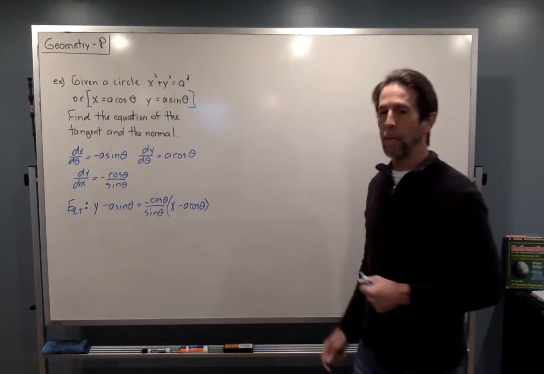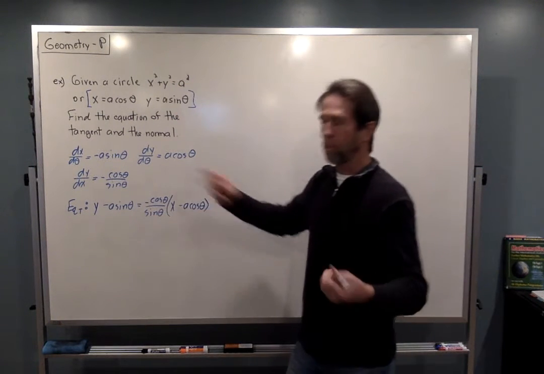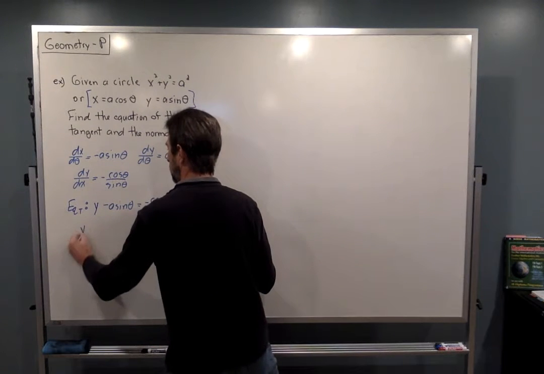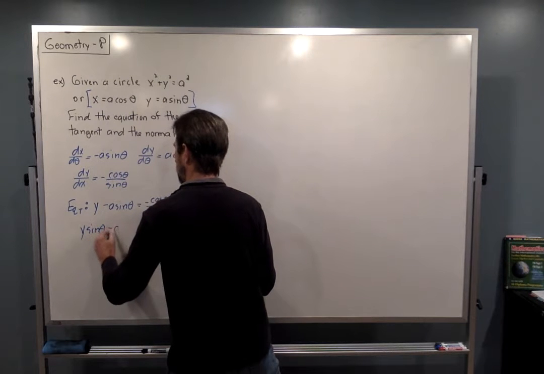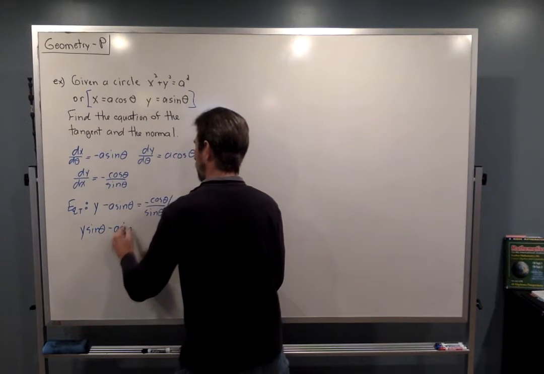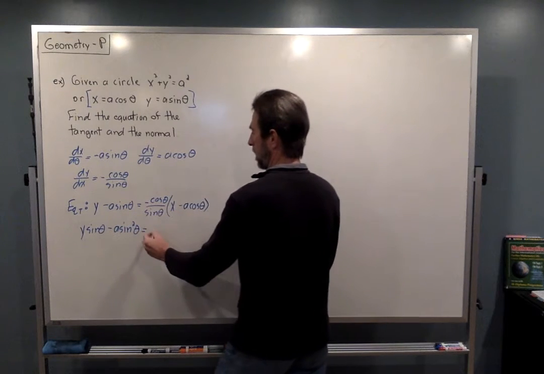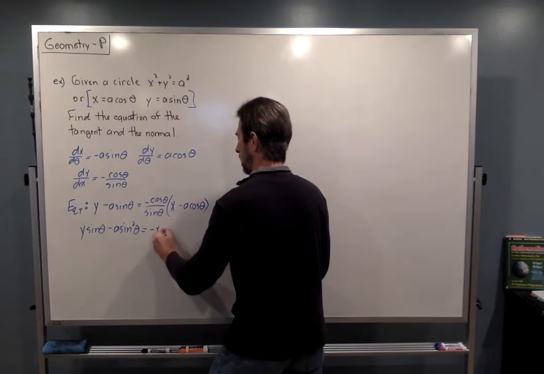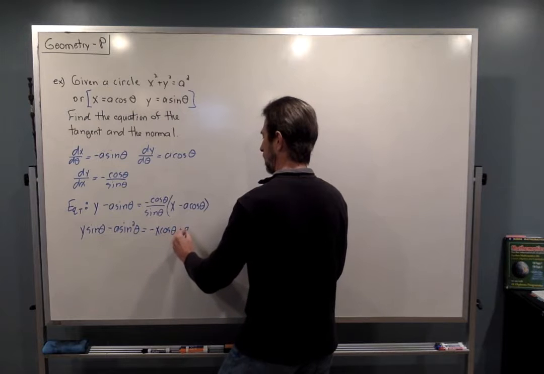And now we just have to manipulate this to a certain extent. Maybe we just don't want any fractions, so we're going to multiply everything by sine theta. This would be y sine theta, minus a sine squared theta. And basically here I'd have to distribute that negative cosine theta, so a negative x cosine theta, and then that would be plus a cosine squared.